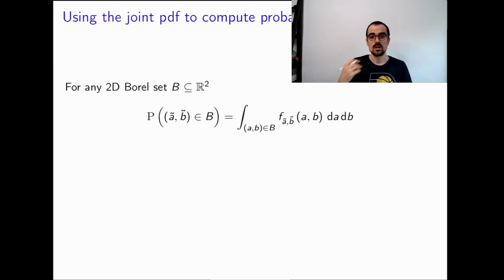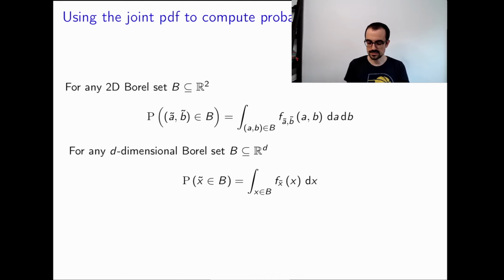So now what are we going to do with the density? Well, you can use it to compute probabilities in the same way that you used the 1D density to compute probabilities. Because of its definition in terms of the joint CDF, and we're not going to repeat that here, the definition as the derivative of the joint CDF implies that when we want the probability of being in any Borel set, we just need to integrate over the Borel set exactly like in 1D.